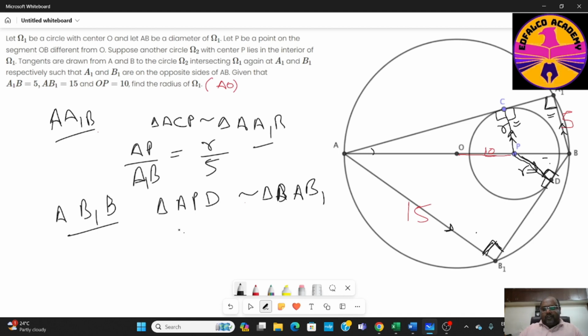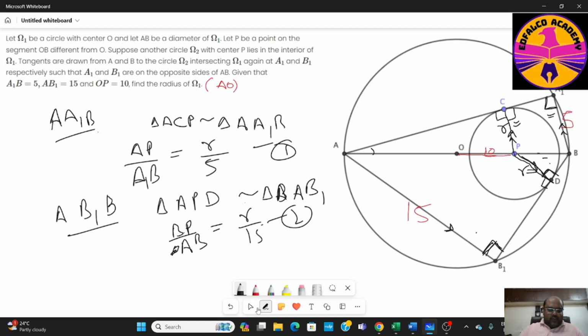Based on this, I can write BP by AB, where BA is again the diameter of the circle, will be equal to r by 15. Let's imagine this is equation 1 and this is equation 2.